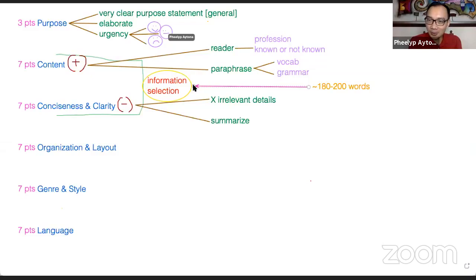Parang deja vu, no? Parang a few sentences ago lang. Ulitin natin, no? Do examiners count words? No. But rather they count ideas. So yeah.